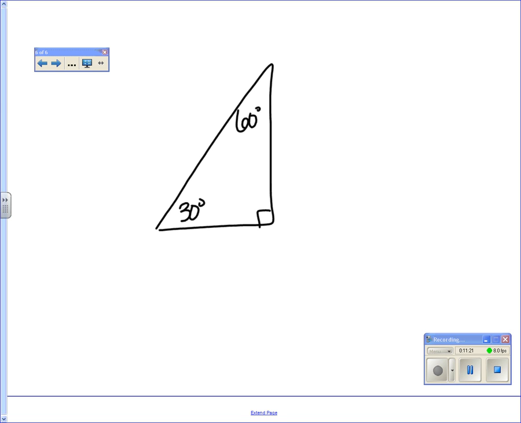Okay, I'm going to draw. See if you can fill in the information. Don't say it out loud. Like, fill in what the side lengths are.